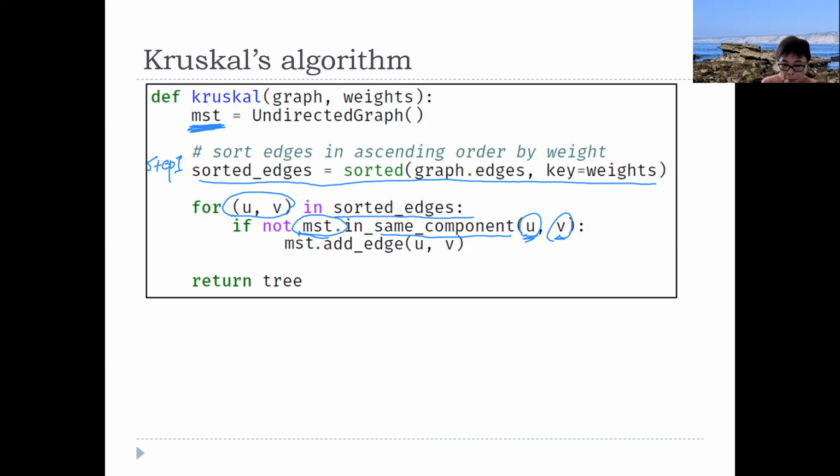But if not, that means U and V are not yet connected. This edge UV right now is my cheapest way to merge two components. So in this case, I simply add this edge to my output graph, the minimal spanning tree. That's it. That's the algorithm.